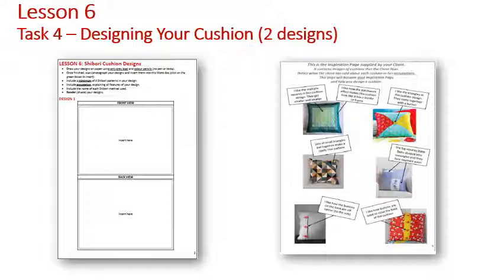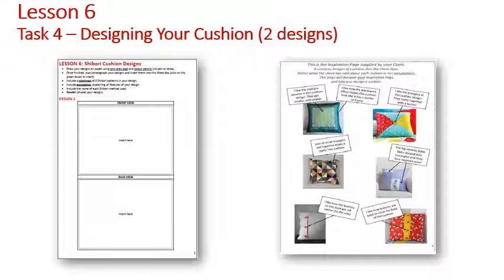It contains images of cushions that the client likes. And notice what the client has said about each cushion in her annotations. That's going to help you in designing your cushion. You don't have to have everything she wants, but it's a good idea to have a couple of things that she likes, because after all it's making for that person.